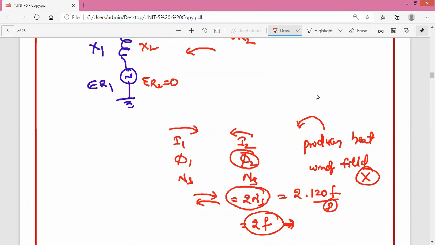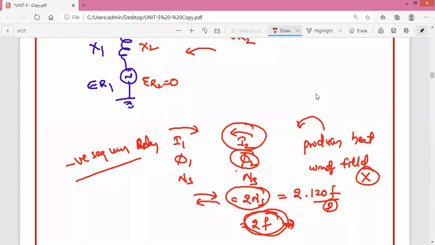Therefore, to avoid these negative sequence components, a negative sequence relay will be placed at the generator terminals, which can sense the negative sequence currents. Because once negative sequence currents enter the generator, there exist circulating currents at double the fundamental frequency, which produce heat and damage the field winding of the generator.